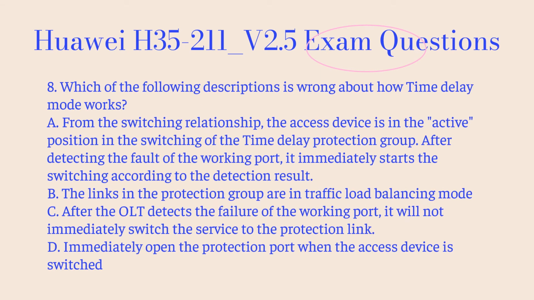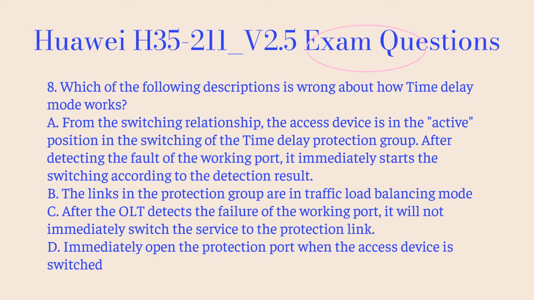8. Which of the following descriptions is wrong about how time delay mode works? A. From the switching relationship, the access device is in the active position in the switching of the time delay protection group. After detecting the fault of the working port, it immediately starts the switching according to the detection result.